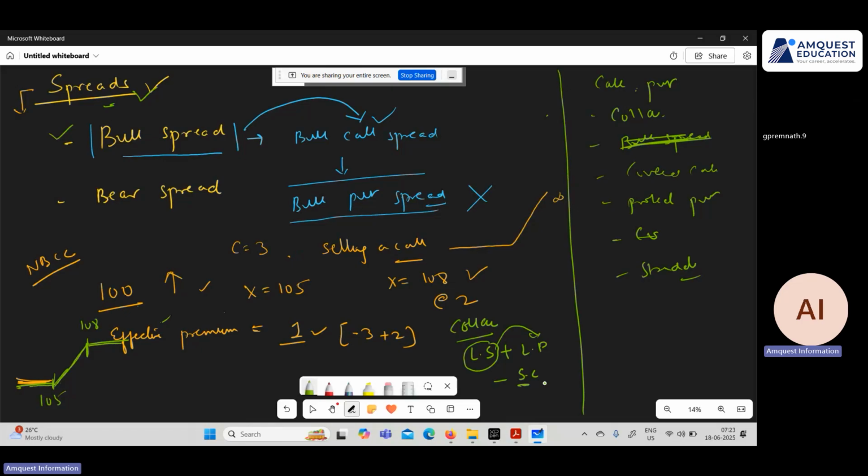Bullish market says that the market is going to go up, and since we are long call, we are betting on a situation where the price is going to go up. Hence the name bull. And since we are earning on the spread, hence the name spread. Pretty clear?